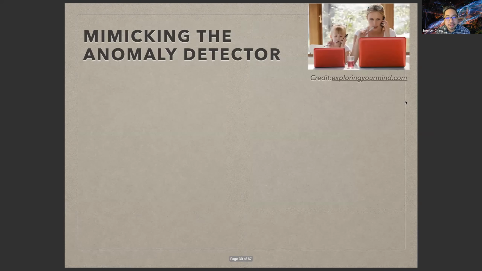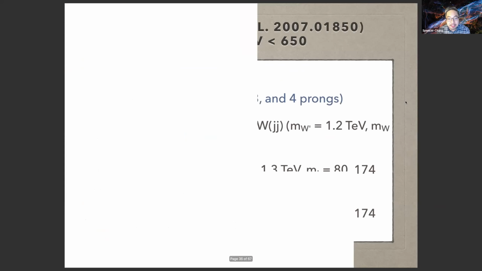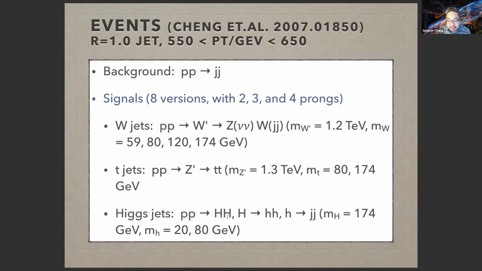Okay. So we're now going to mimic the anomaly detector. I'll try to go a little bit faster. I'm sorry, can I ask one? Yeah, go. What's up? Here, go back to this slide, the W and Higgs. The W goes to 2 prong, right? Yes. And this Higgs is also 2 prong, right? But the Higgs again comes from this kind of cascade decay.